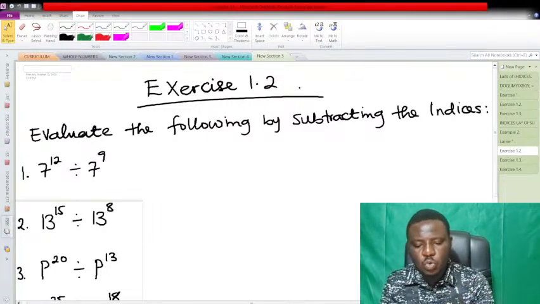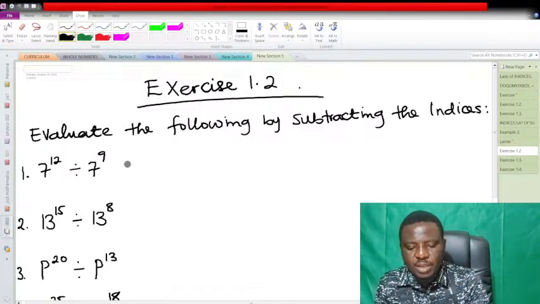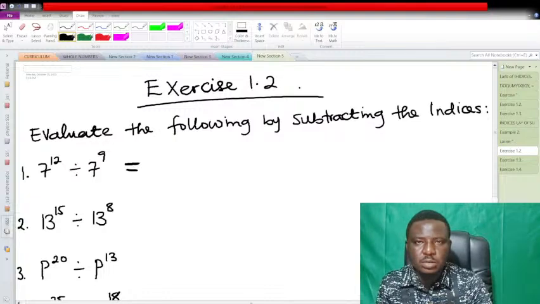So we say that with what you have done, which is dividing the first term by the second term, you discover that the answer you get is the same as when you subtract the powers.